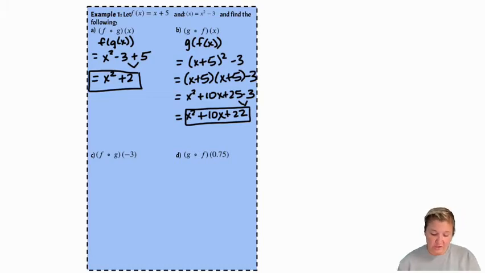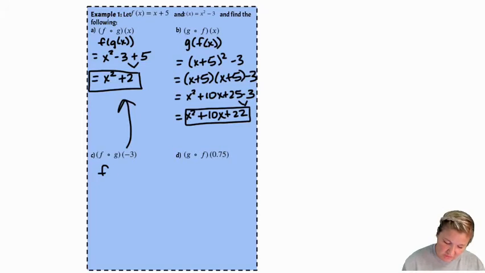Now let's do f composed of g of negative 3. What's really nice about this is that we've already done f composed of g. So I am going to just replace this. f composed of g of x is x squared plus 2.